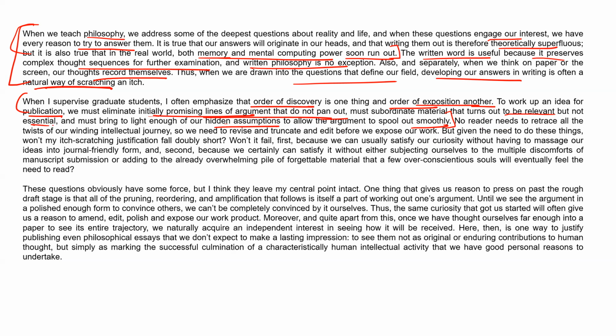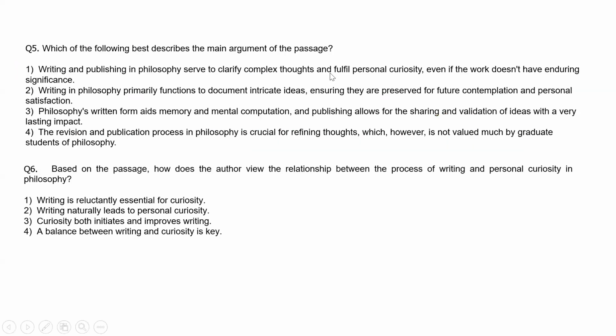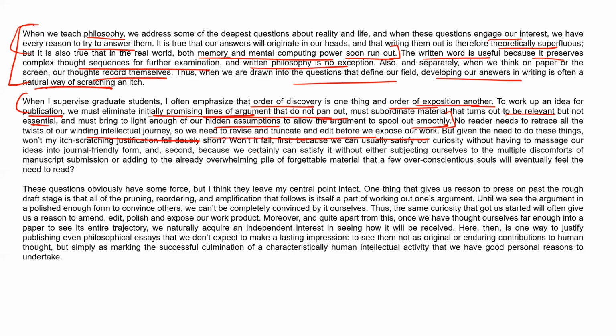No reader needs to retrace all the twists of our winding intellectual journey. So we need to revise and truncate and edit before we expose our work. But given the need to do these things, won't my itch scratching justification fall doubly short? Won't it fail?